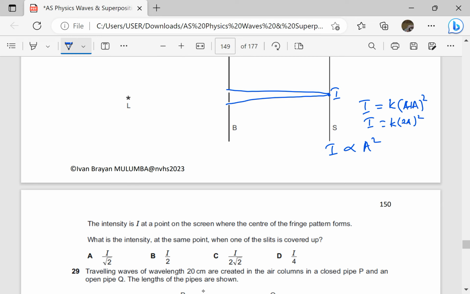So the intensity there was I, and the amplitudes added up, which is A plus A, squared. So I is equal to K times twice A, squared.